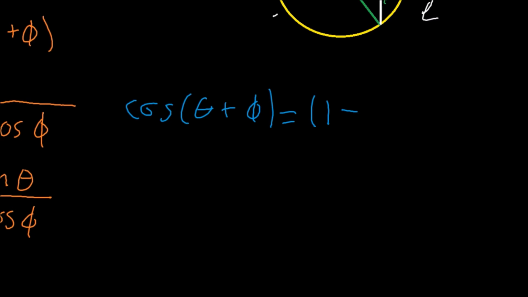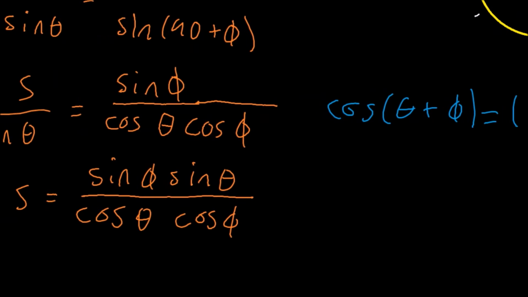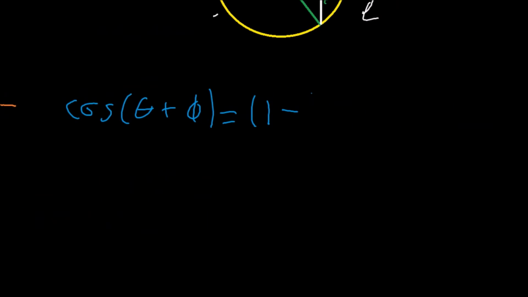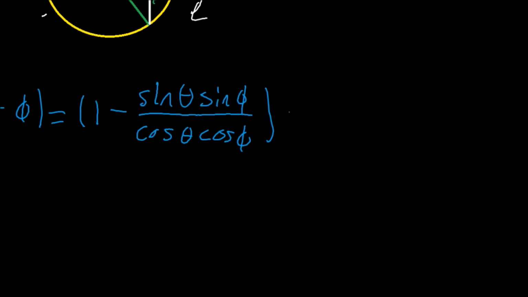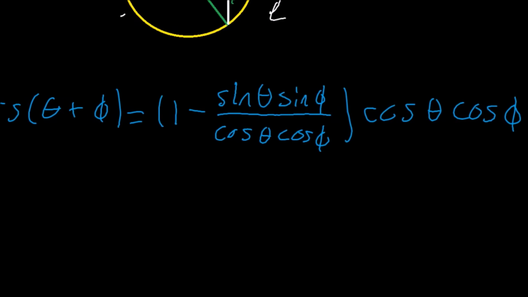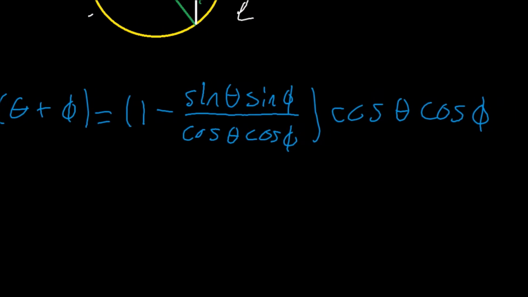So 1 minus s, which is sine phi. Let's write it down as theta first, though. Sine theta, sine phi, over cos theta, cos phi, times cos theta, cos phi. All we have to do now is multiply this in, and we have our double angle formula.